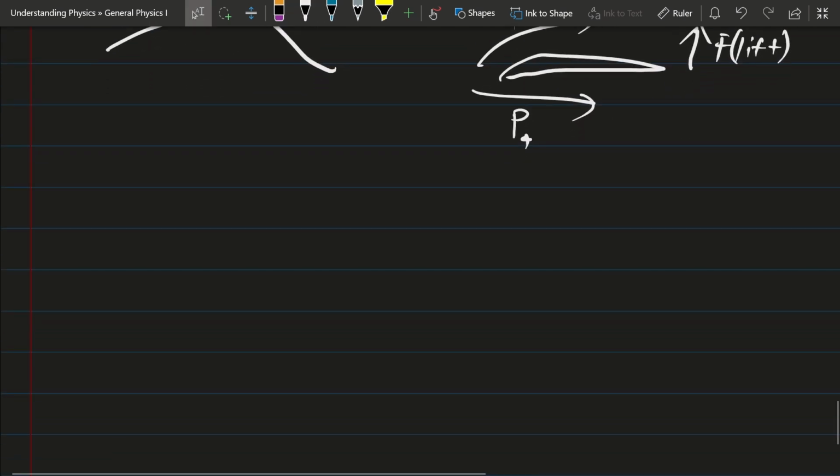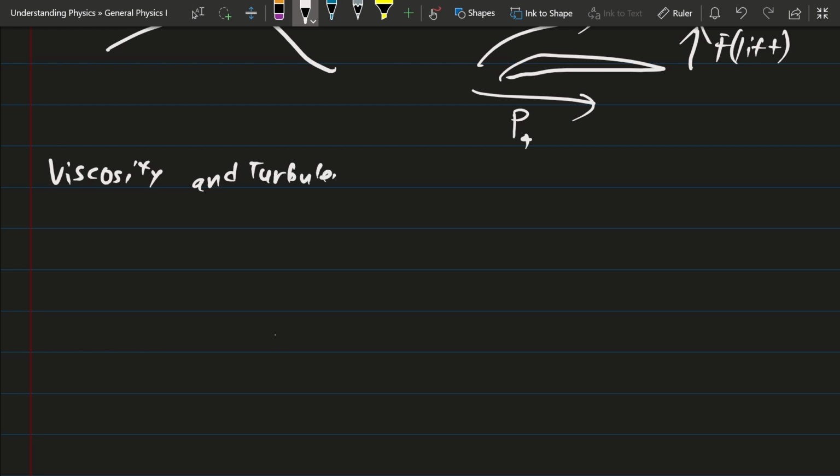So I want to talk a little bit about certain things that I didn't talk about when talking about fluid dynamics, which is viscosity and turbulence. So what's viscosity and what's turbulence? Viscosity is basically the friction between fluids. So water with water will have a certain viscosity such that it doesn't truly behave like the Bernoulli equation states.